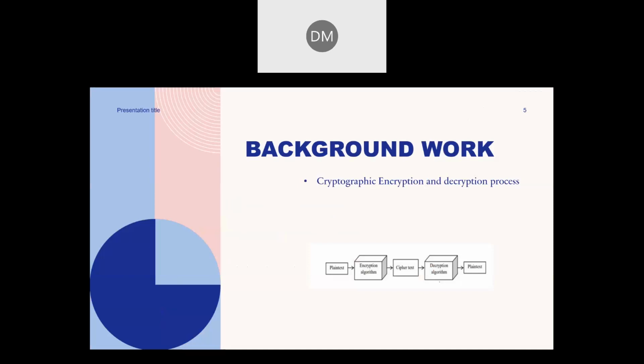As background work, the cryptography encryption and decryption process is shown in the diagram. A plain text is fed to whatever encryption algorithm we choose, which gives us the ciphertext. On the receiver side it's the reverse process: the decryption algorithm is applied to get the original message.